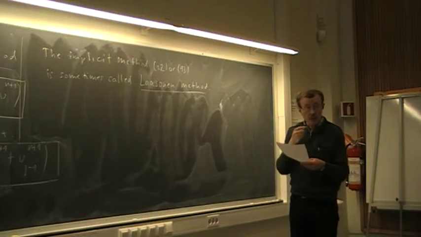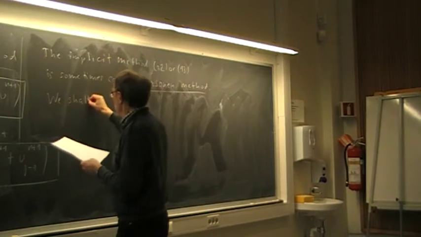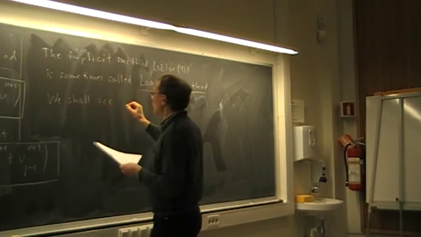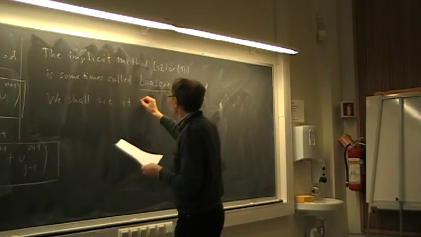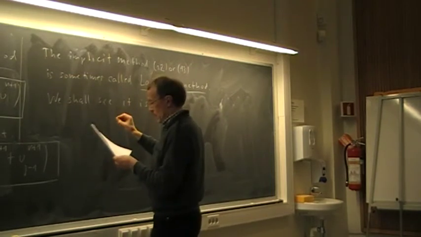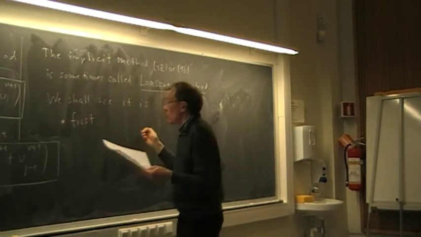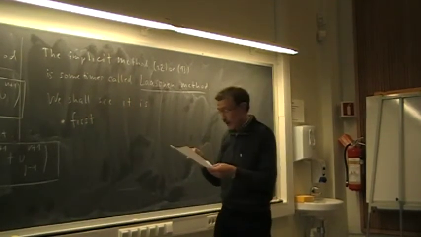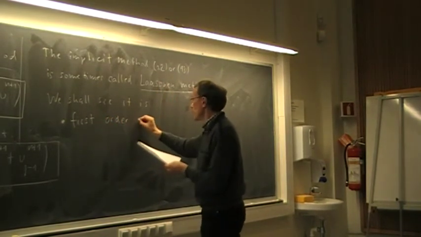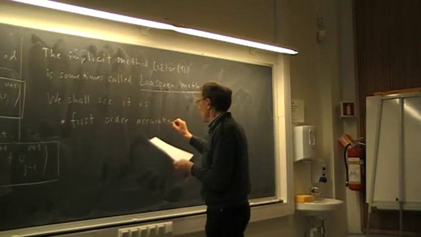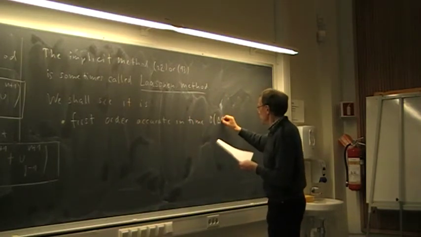And we shall see also next week that it's also only first order in time, because the implicit, like the explicit Euler method, they are both only first order accurate in time. So this is order delta t.